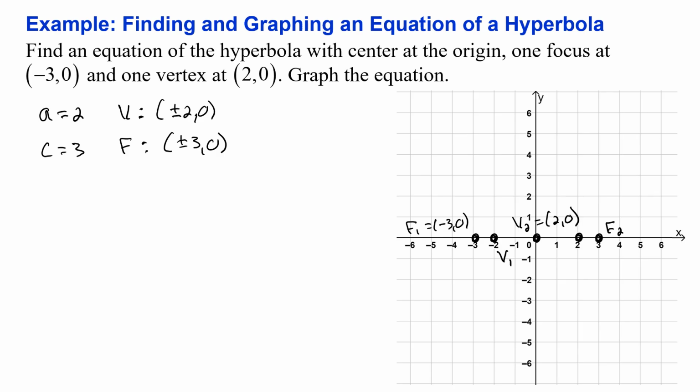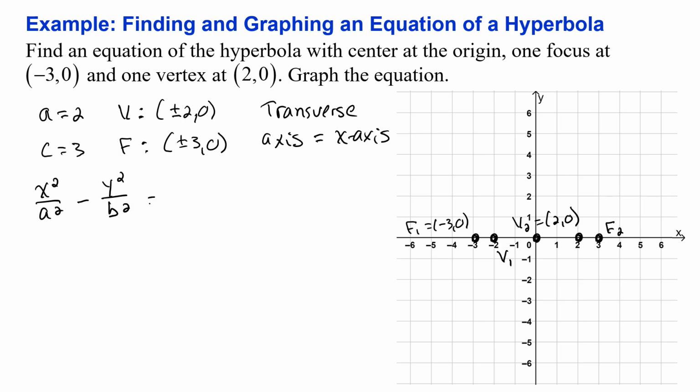Now, since all of these points lie on the x-axis, then it must be true that the transverse axis is the x-axis. And therefore, we know the general equation of the hyperbola has the form x squared divided by a squared minus y squared divided by b squared equals 1, where b squared is equal to c squared minus a squared.